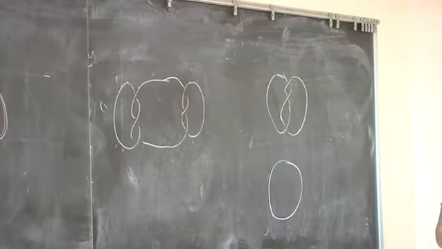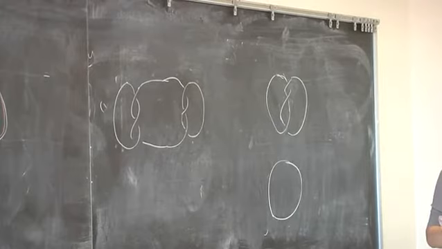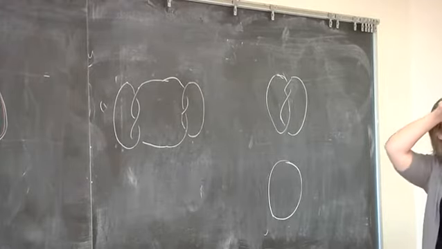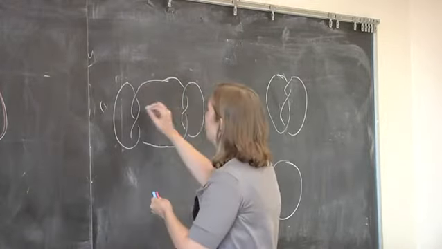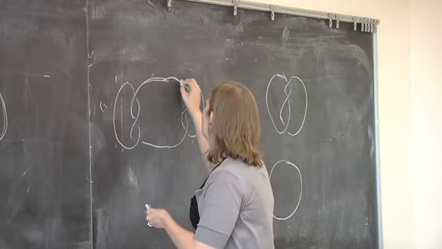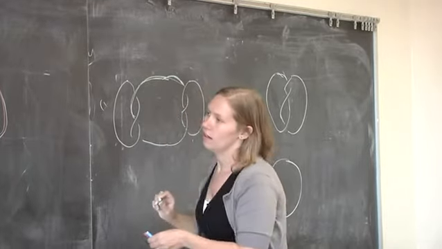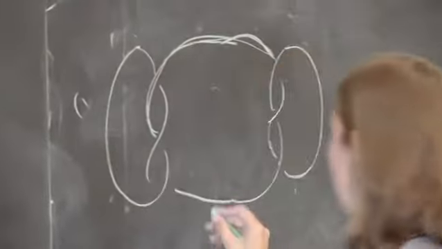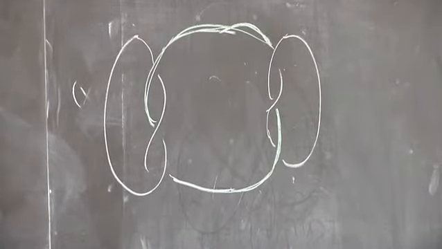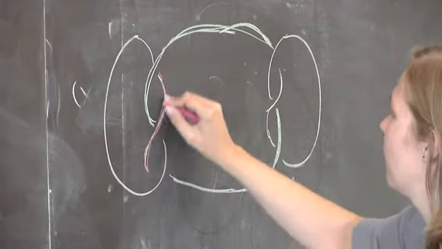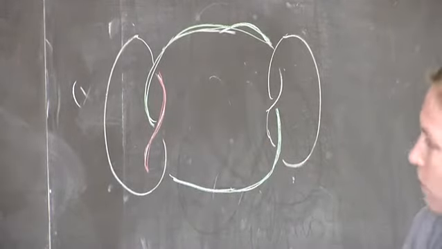Who made the poster? Oh, well, it was a wonderful choice of knot he made. So I can take this coloring from this knot. So I have this strand is green, and this strand is green, and then I have red and blue.